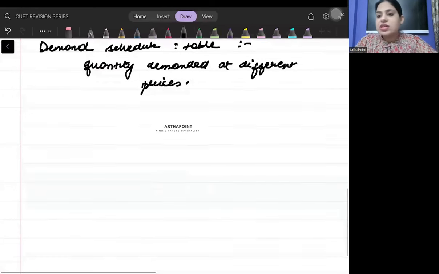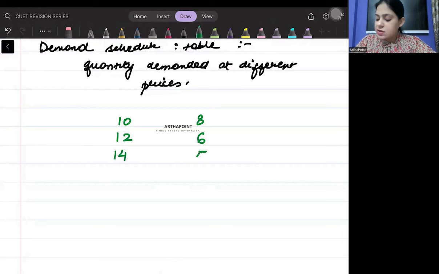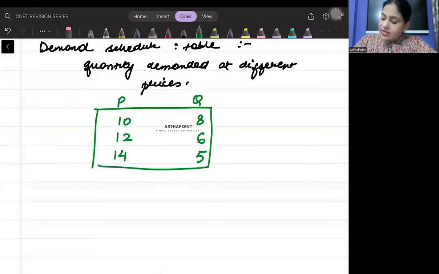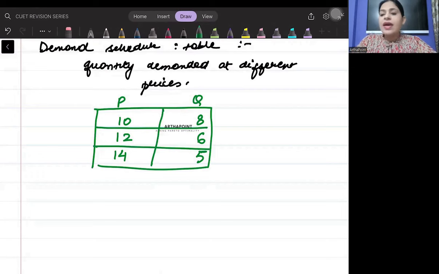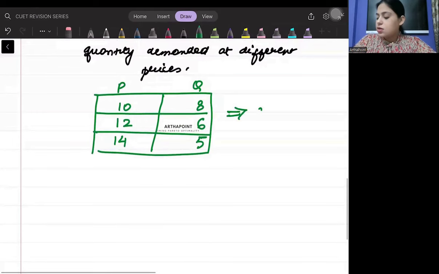तो जैसे मैंने आपको ऐसे कट बोल दिया कि okay, when price is 10, quantity is 8 units, price is 12, quantity is 6 units, price is 14, quantity is 5 units. तो मैंने price and quantity को एक table format में लिख दिया है and this is called a demand schedule. And if I represent this graphically, then it will become a demand curve.